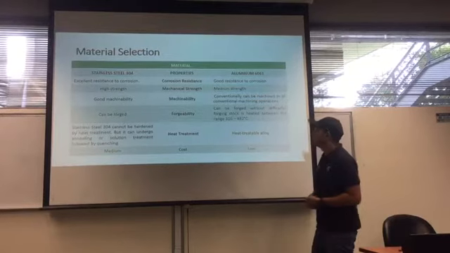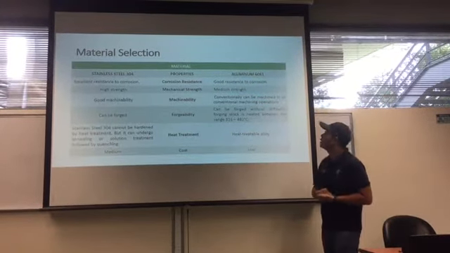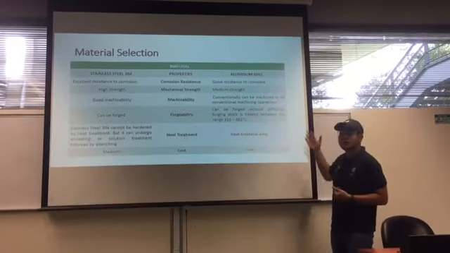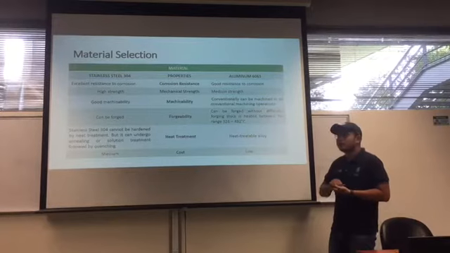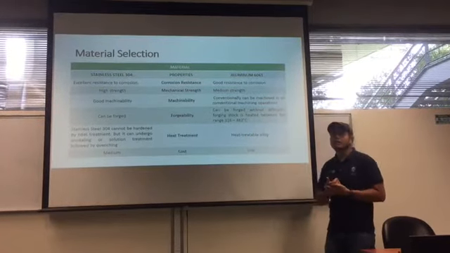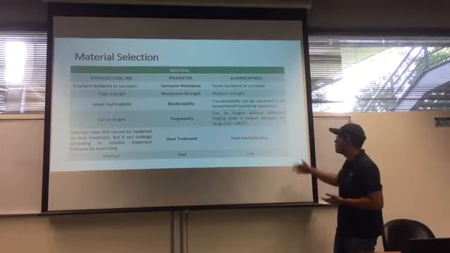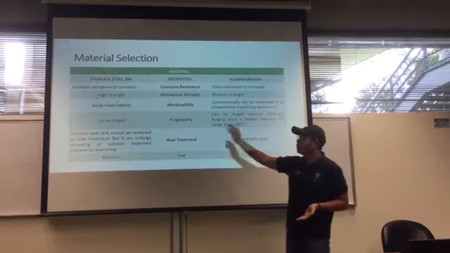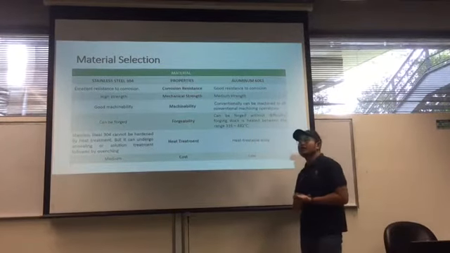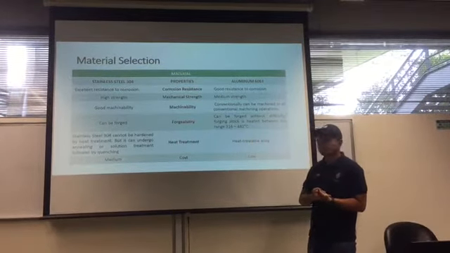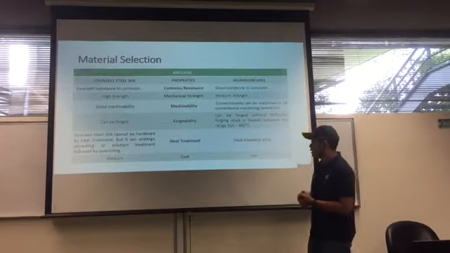And for the heat treatment, aluminium is a heat treatable alloy, so it can be changed in shape, or changed chemically, by using heat. For stainless steel, heat treatment is not the easiest way to change the shape or the formability.